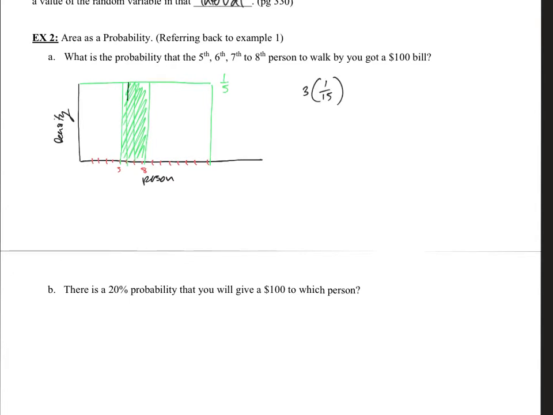And remember, we got 3 because there are 3 sections. Sorry, my graph is not perfect. That's the 3rd section. All right, so let's see. 3 times a 15th is going to be 1/5. So that is our probability. So the probability is a 5th.